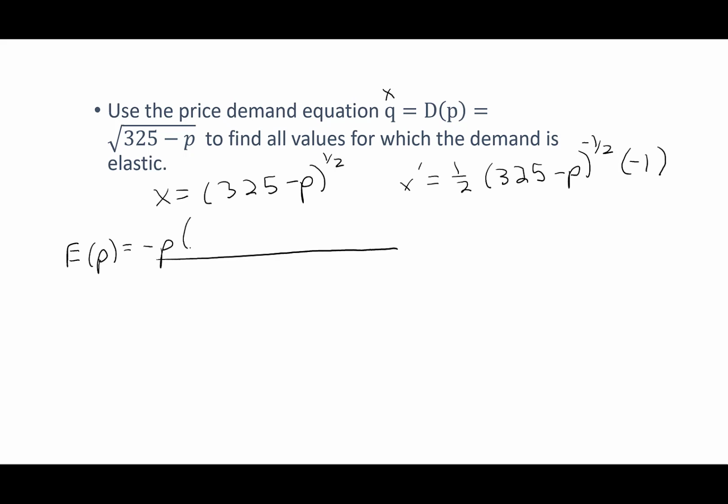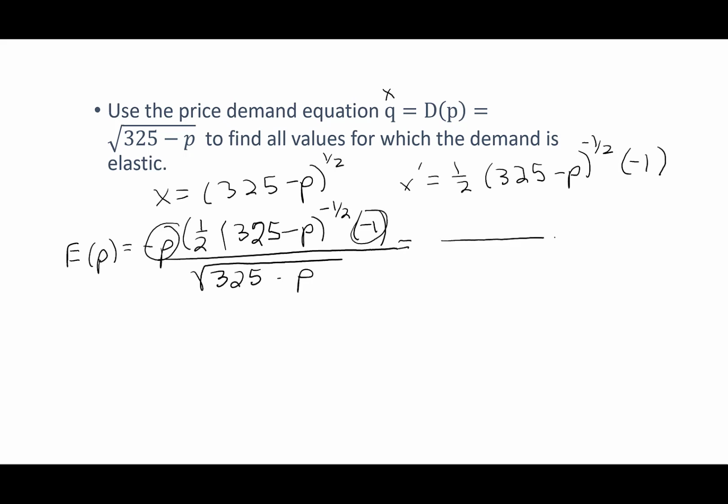I have 1/2 times 325 minus P to the negative 1/2 times negative 1, over the square root of 325 minus P. So let's write this as a fraction and put things where they go.